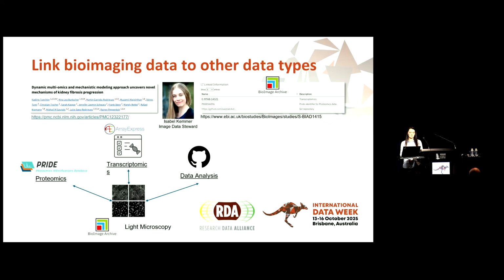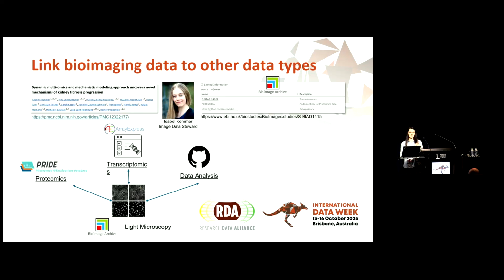One of the examples that we have in imaging, implemented in one of the image data repositories, the BioImage Archive, was a study looking at kidney fibrosis in mesenchymal cells. They were looking for biomarkers for fibrosis. They integrated the data from ArrayExpress, which is transcriptomics, proteomics, and also the data analysis code was uploaded to GitHub, and you can have that all in a metadata specific field in the BioImage Archive.